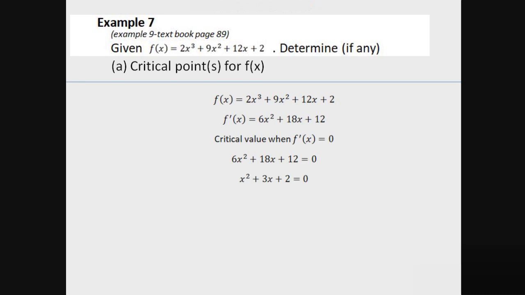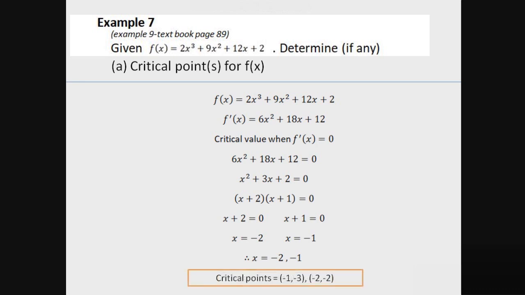Then we factorize again and get (x + 2)(x + 1) = 0. Solving for x, we get x = -2 and x = -1. For the critical points, we have to substitute all the critical values inside f(x). So we will get the critical points as (-1, -3) and (-2, -2).